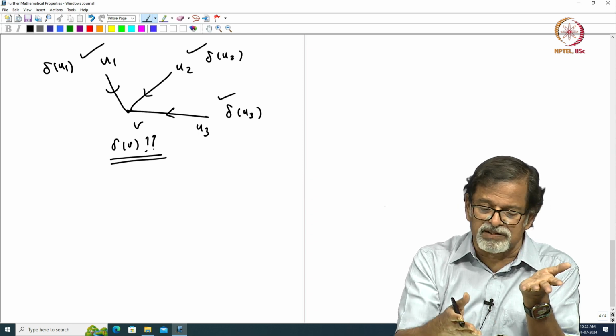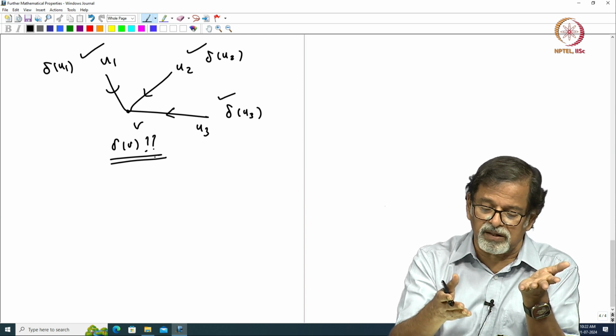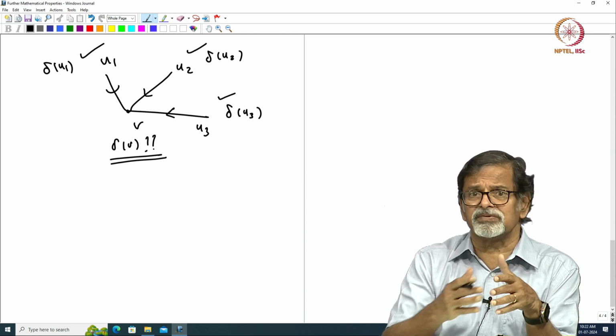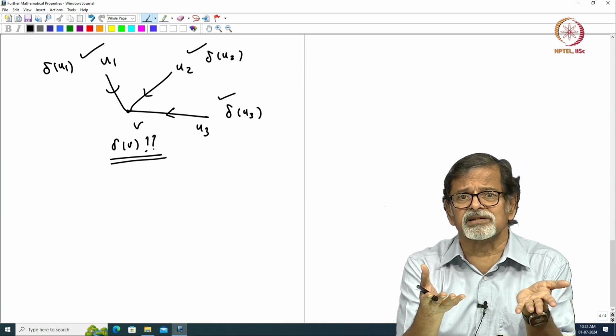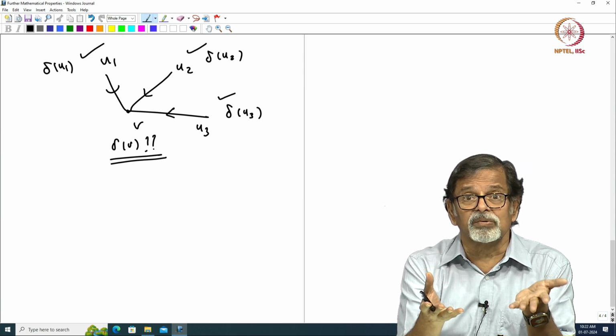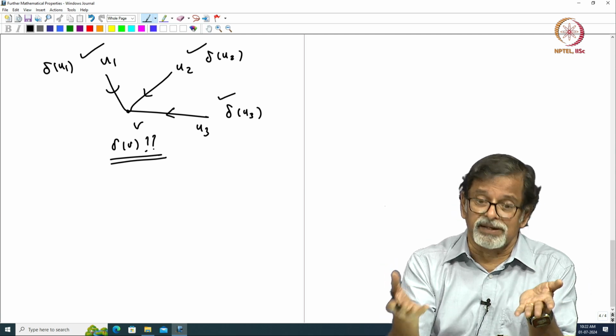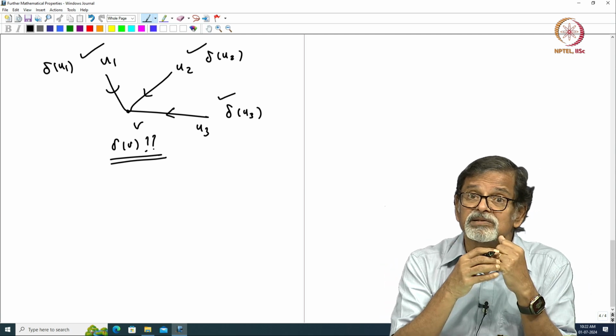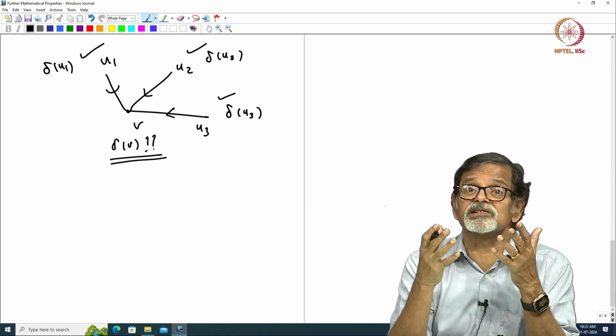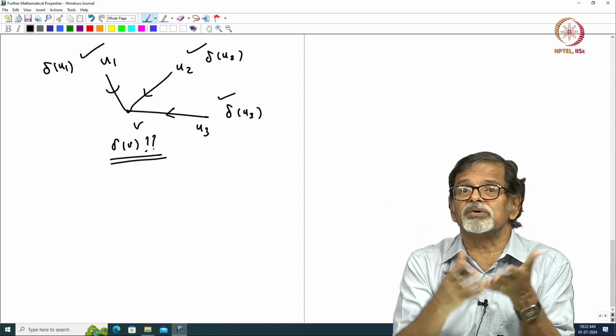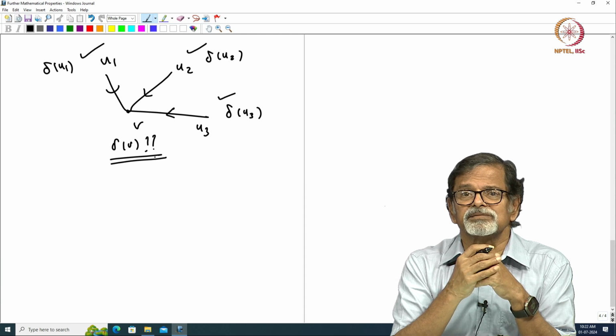It should be one of these edges, u1v or u2v or u3v, one of the edges must be there, the last edge. However, none of these edges are helpful in finding the shortest path, because if G has a negative cycle, we do not have any inequalities.